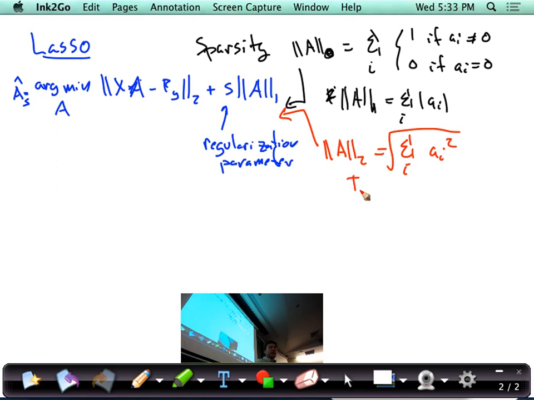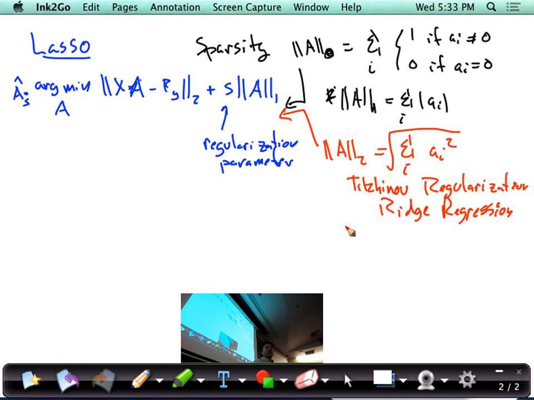This is called Tikhonov regularization, I'm probably spelling that wrong, or if that's hard to say or spell, then you just call it ridge regression.